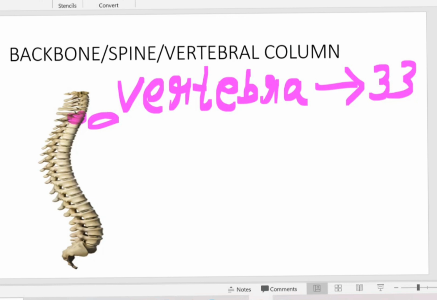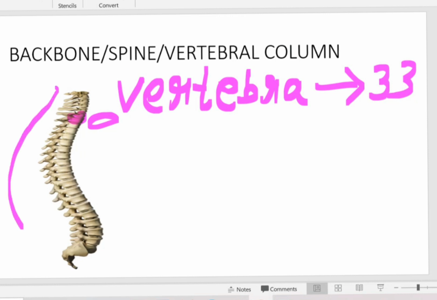Together it is called the plural word vertebrae. Single, it is called vertebra. Because of this arrangement of vertebrae, you can call this the vertebral column, because it is like a column-like pattern. So these vertebrae join end to end, forming a tube-like structure.